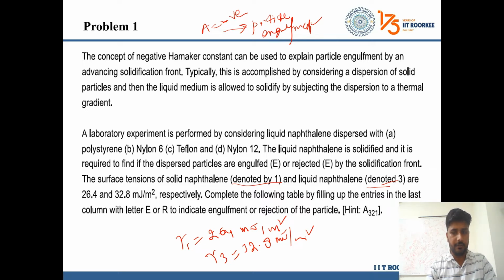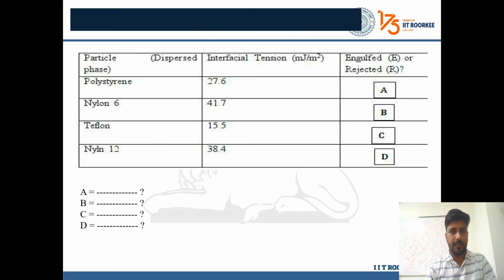There is a hint given here for the Hamaker constant term. You have to expand it and put in the values, and you will get the resultant Hamaker constant. Based on whether it is positive or negative, you write engulfment or rejection. These are the interfacial tensions given for the different dispersed phases.